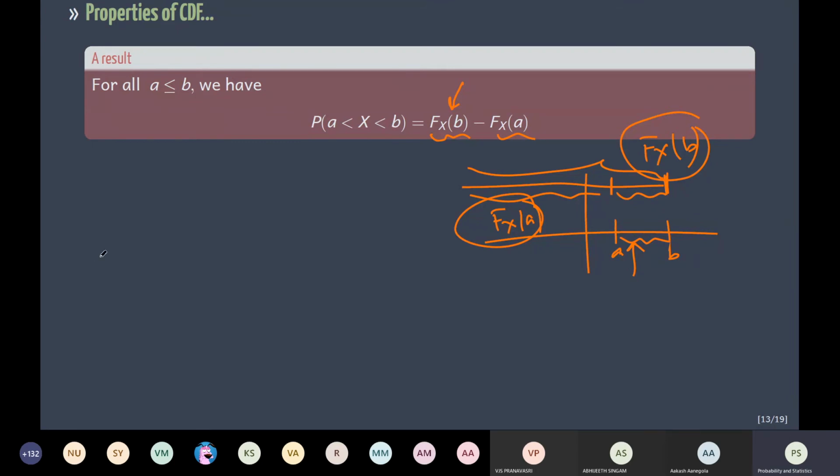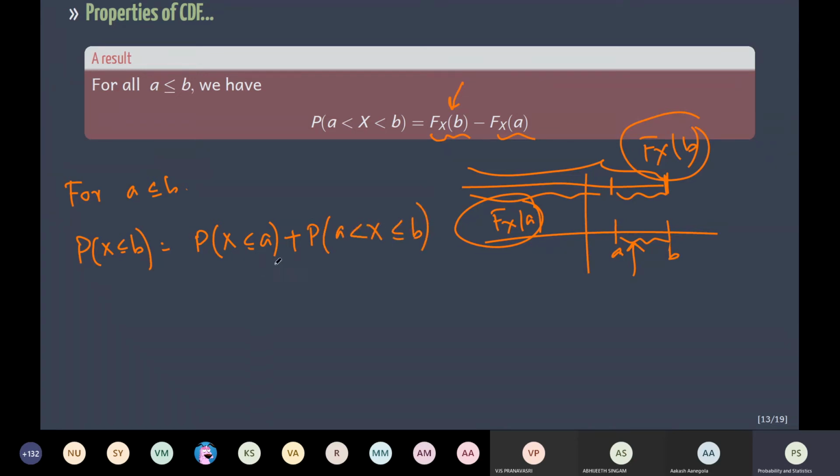So for a less than or equal to b, the probability that X is less than or equal to b is equal to the probability that X is less than or equal to a plus the probability that a is less than X less than or equal to b.